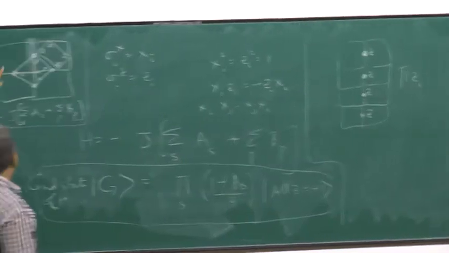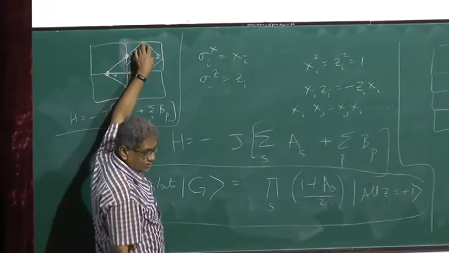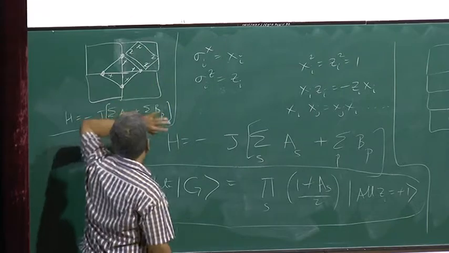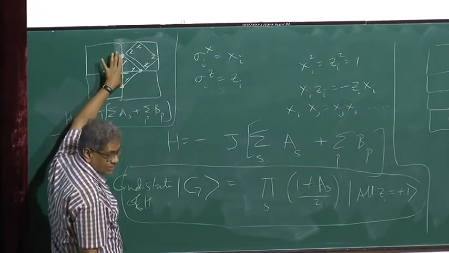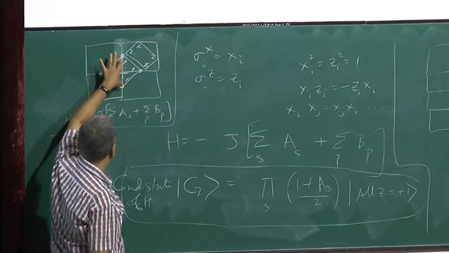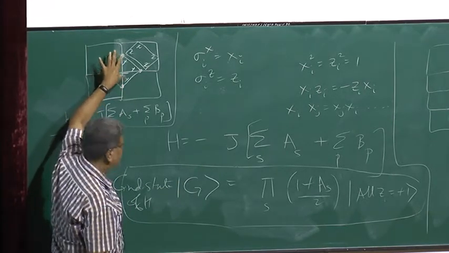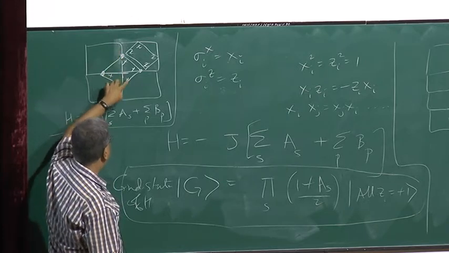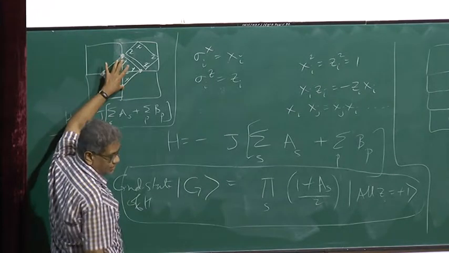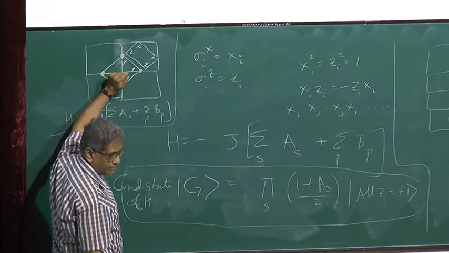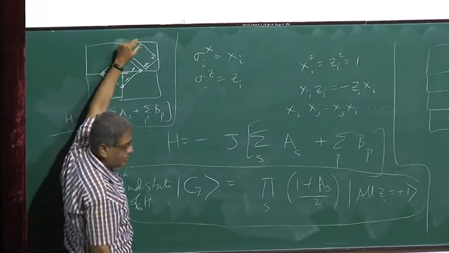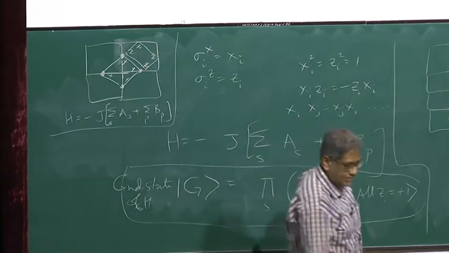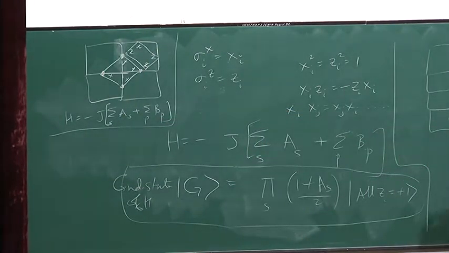The reason is that it of course commutes with the BP because those are only made out of z's. It also commutes with the AS because every AS has an x and an x here, and that string has 2 z's. So, this z anti-commutes with this x, this z anti-commutes with this x. So, that product commutes with this product of 2 x's, and that will be true for every site. So, every site has 2 x's in the vertical direction. So, it will commute with that. So, that is one operator which commutes with the Hamiltonian.